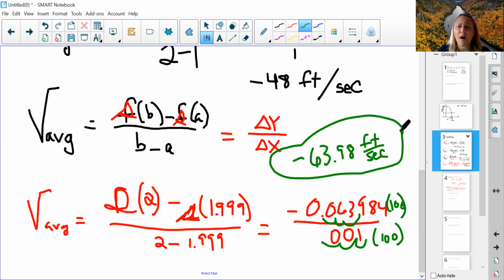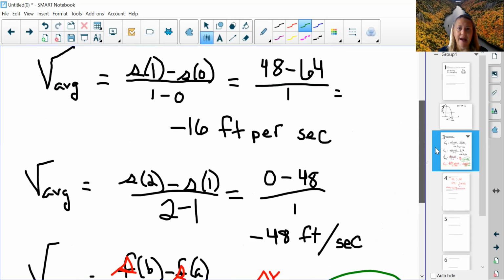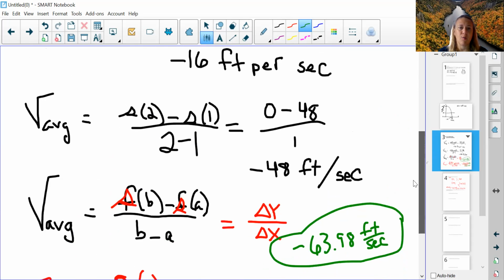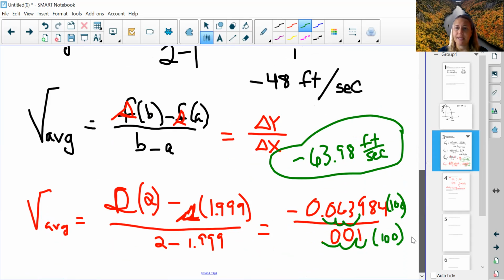So if I want you to find the velocity at a point, rather than what we were doing up here, average velocity between 2 points, I really wanted to know on this example what was happening right at the point 2, 0.